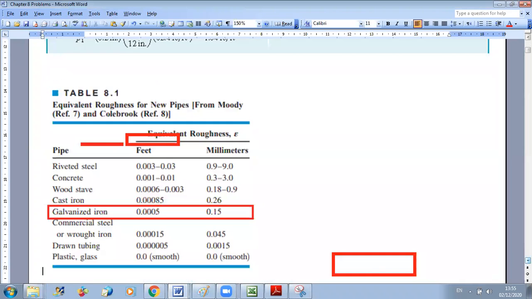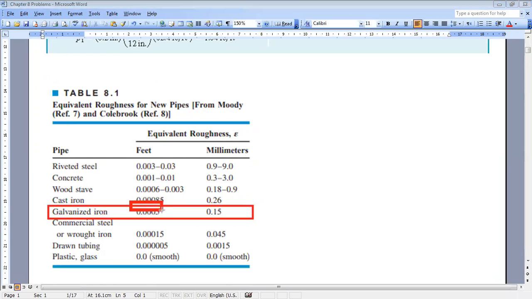The table is in the book and it's table 8.1. If you look at table 8.1 for different material types of pipes, they give you the corresponding roughness in feet and in millimeters. Now here, because we are working in English units, we will take the value in feet. So for galvanized iron, epsilon is 0.0005.